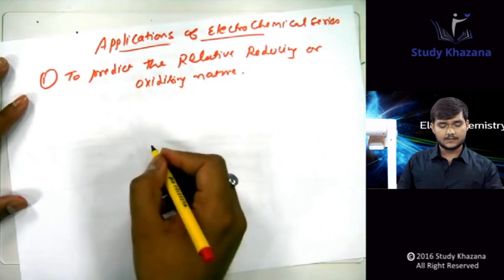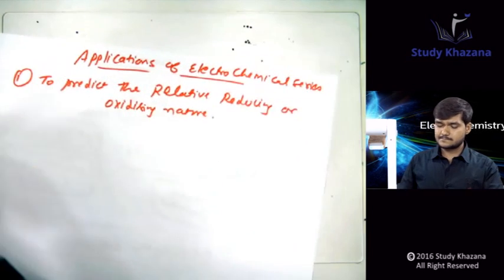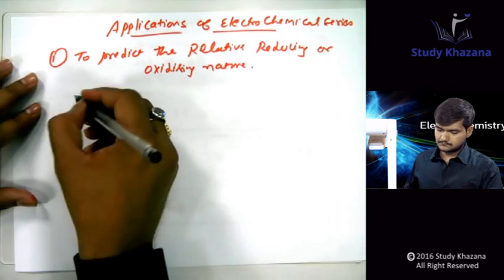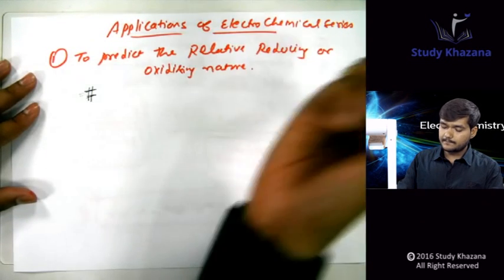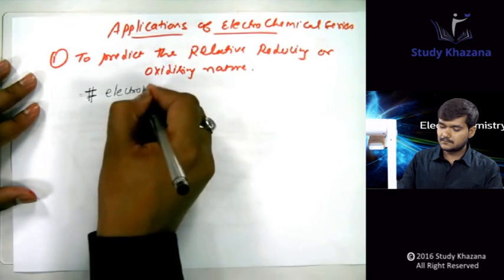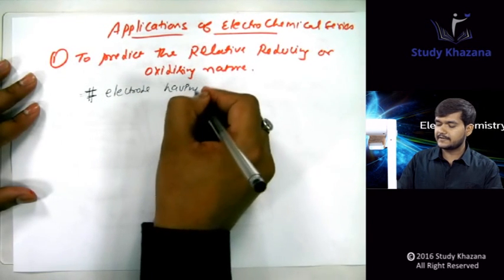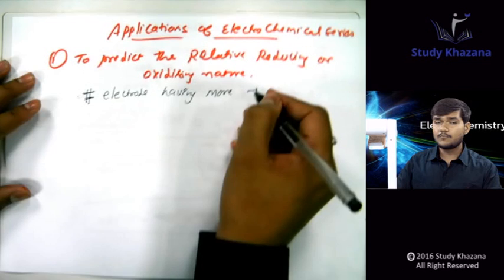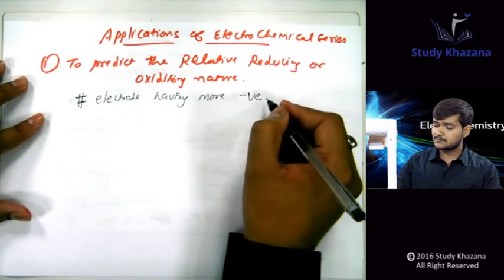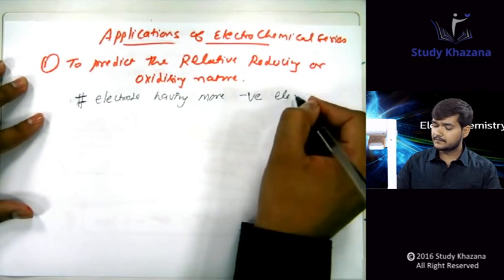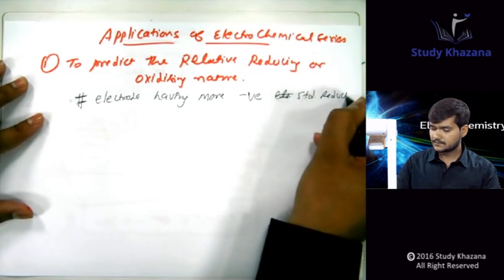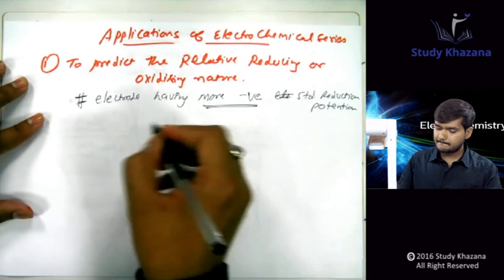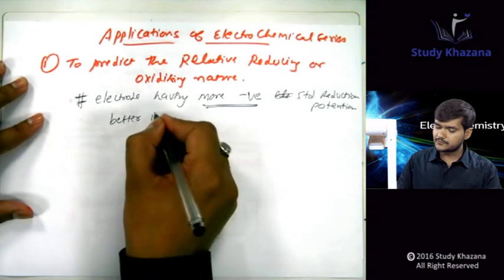How can we predict? The electrode having more negative standard reduction potential, more negative, okay, better is the reducing agent.